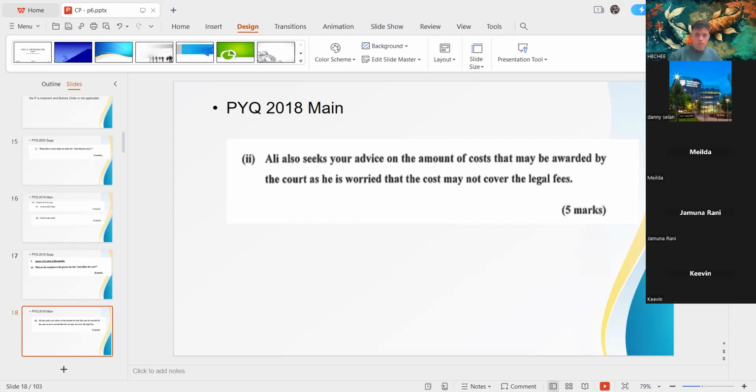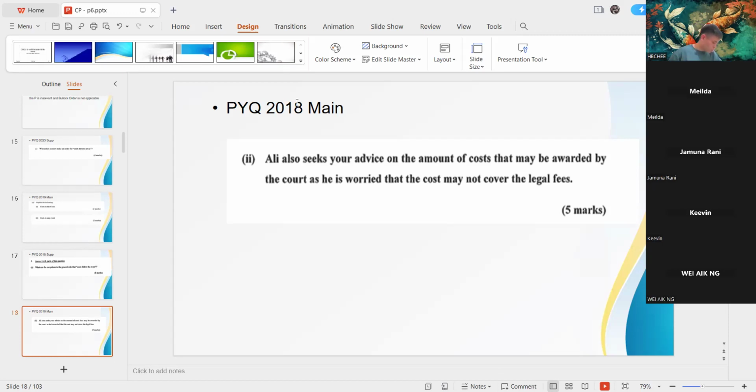Okay, so basically, Ali also seeks your advice on the amount because he worries that the legal cost may not be covered. So essentially, this is on the cost issue.